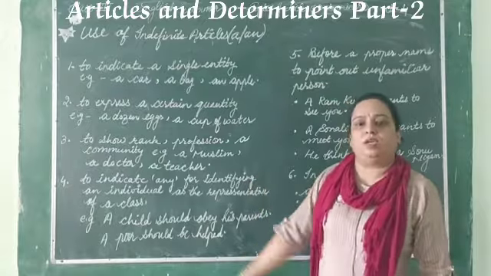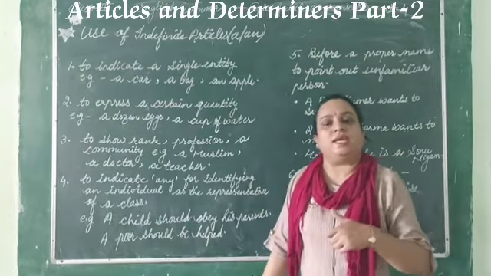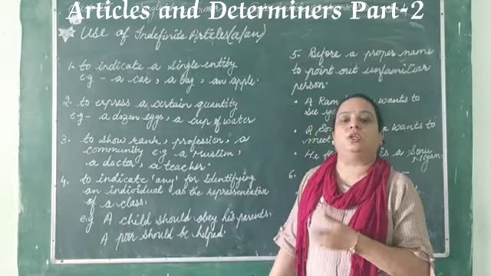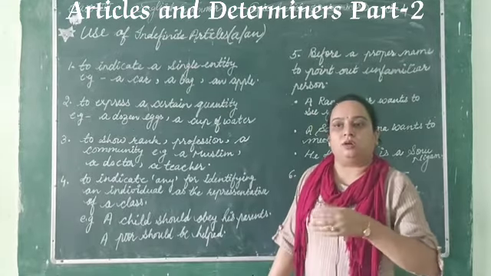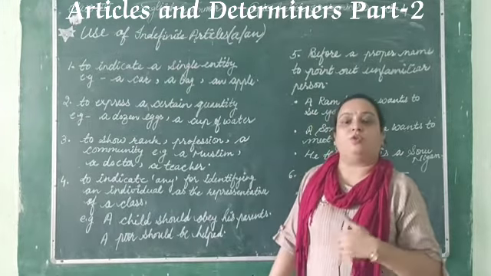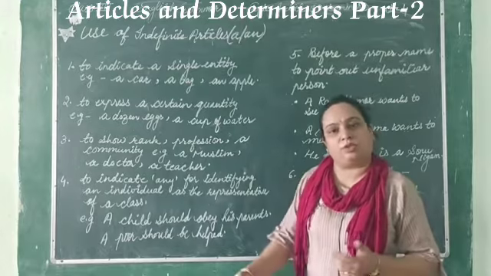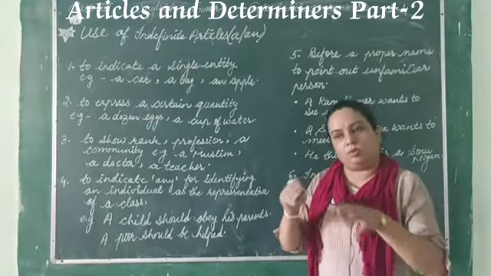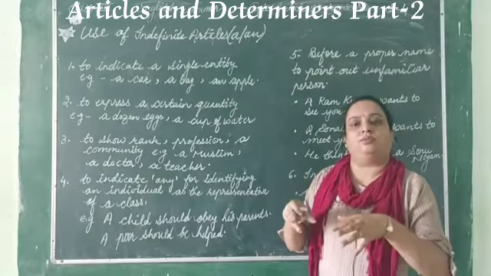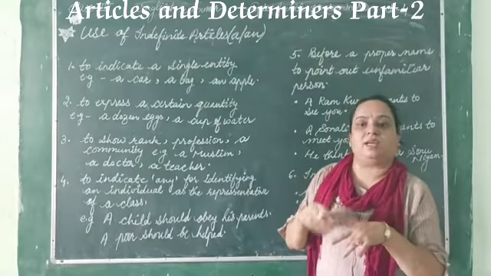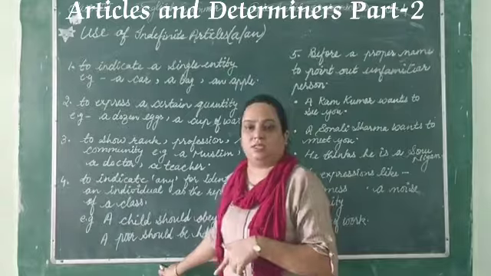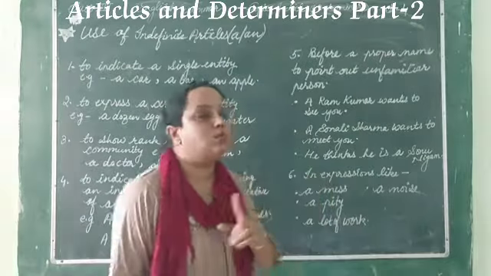Like if we are talking about the rich, so here it is what? A rich should not be over confident, right? Or over proud, something like that. So here once again I am talking about the whole entire class of rich, but I have taken that as a representative, okay? In that case we have to use a.